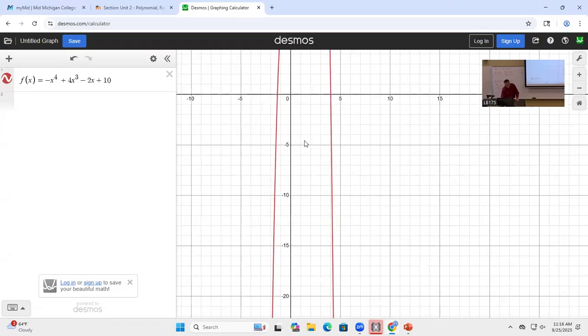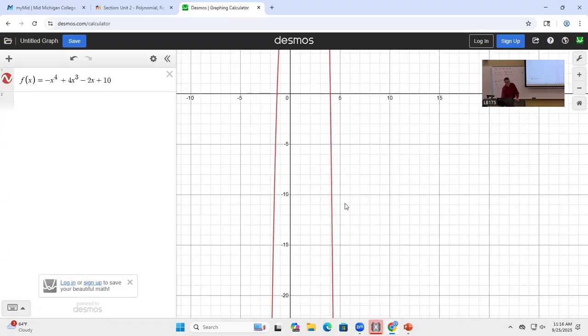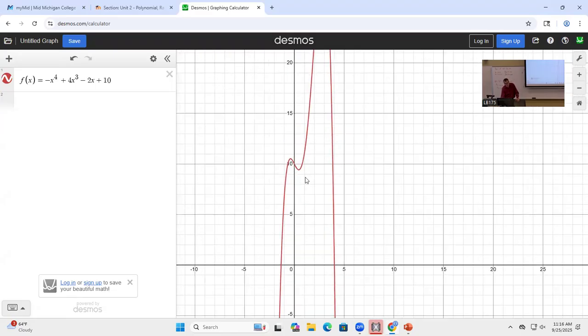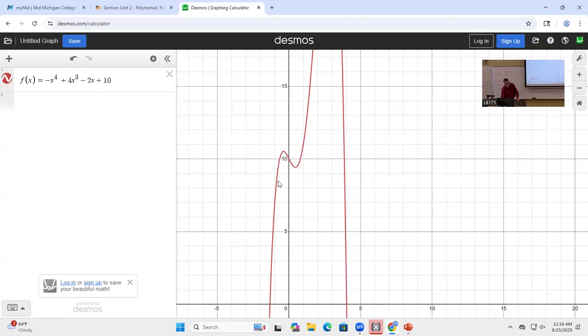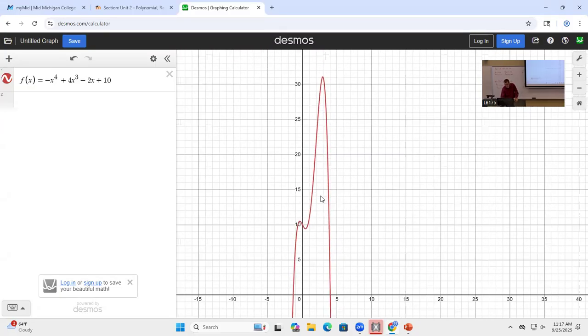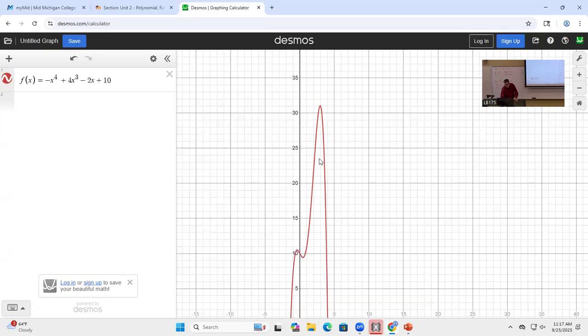Notice that at the end, it's pointing down, okay? But like I said, it does some weird stuff in the middle. See how in the middle it kind of goes up and down? So we get some local minimums, local maximums there. And then if you scroll out far enough, you'd see you get another. But at the end, it's moving down.